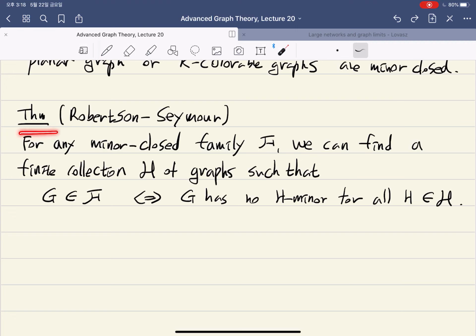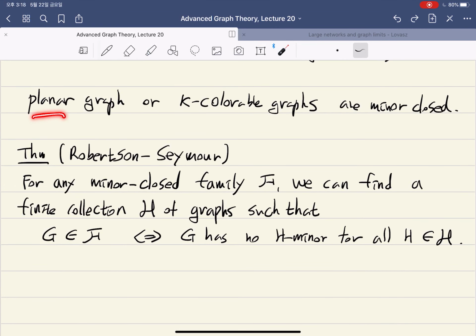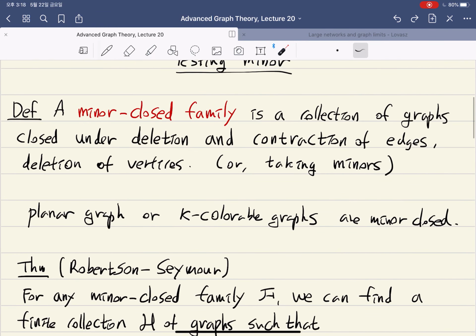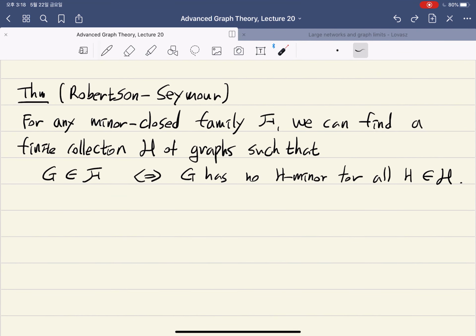And what the Robertson-Seymour theorem says is that Kuratowski's theorem was not a coincidence. Not only for planar graphs, but for any minor closed family you take, you can always find a finite list of graphs, so that as long as the graph doesn't contain any minor in that list, then it belongs to the minor closed family.